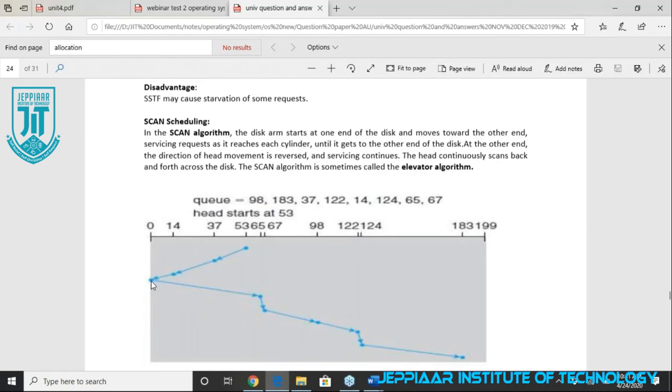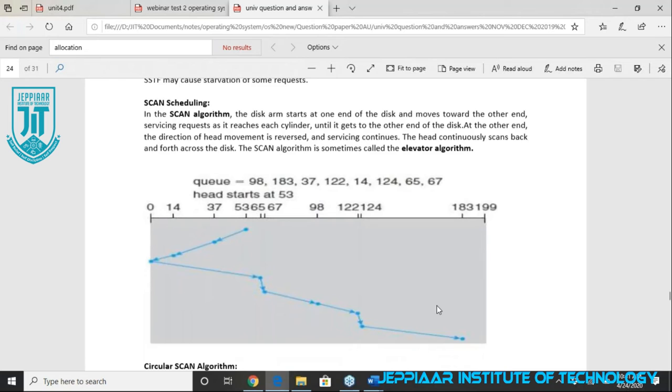So go to that 0, again reverse the direction, start servicing it. So in the reverse direction, the first block I have was 65. So start with 65, 67, and then your 98, 122, 124, and then 183. Okay, so this is how my scan scheduling works.